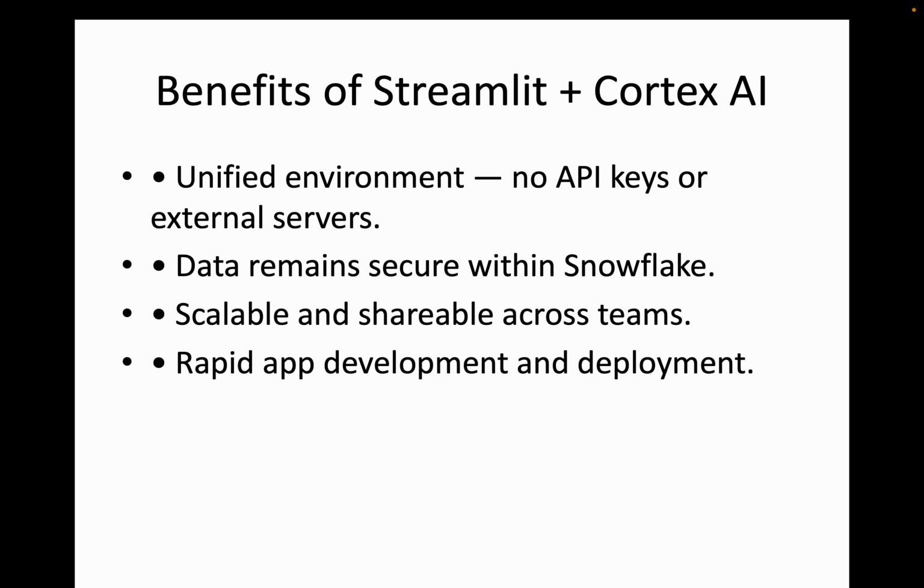Data also remains secure within the Snowflake guardrails, you can scale up and down based on your requirements, and you can share your application across teams. Thereby you get rapid app development as well as deployment.